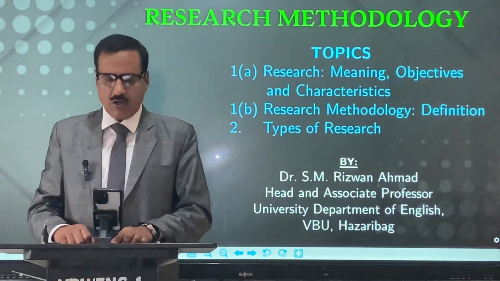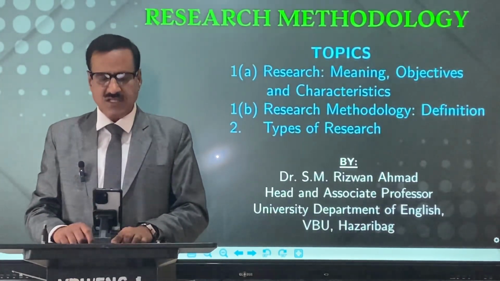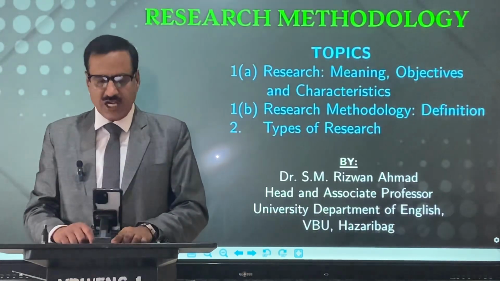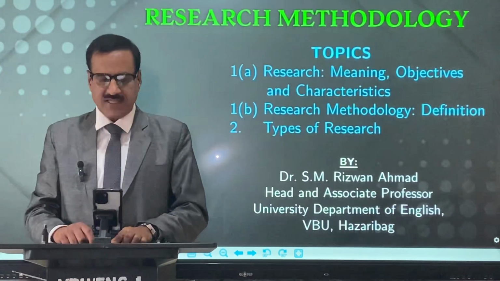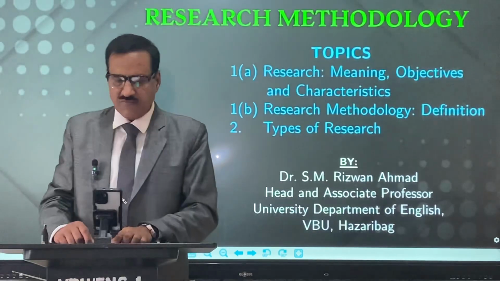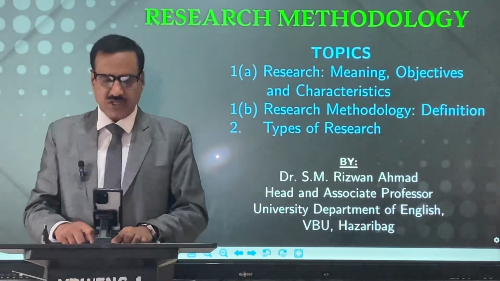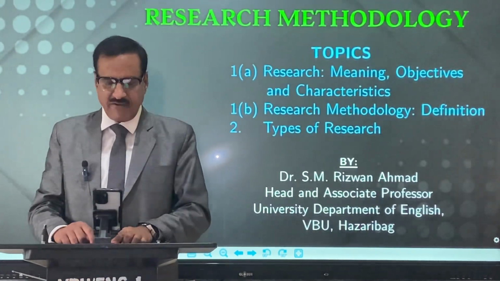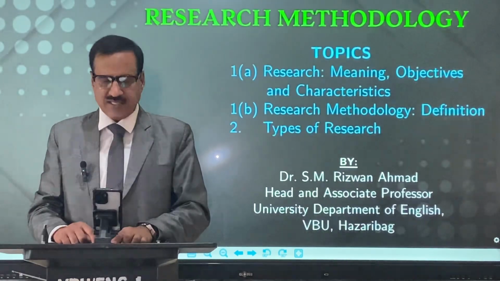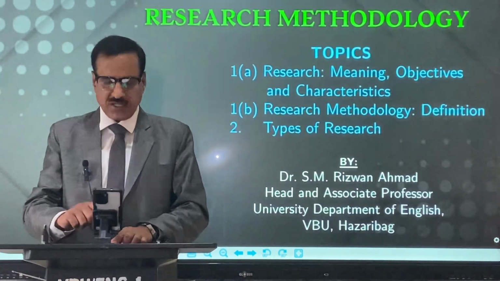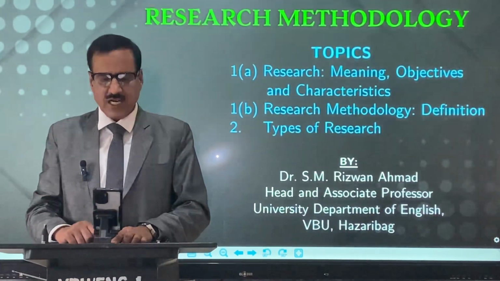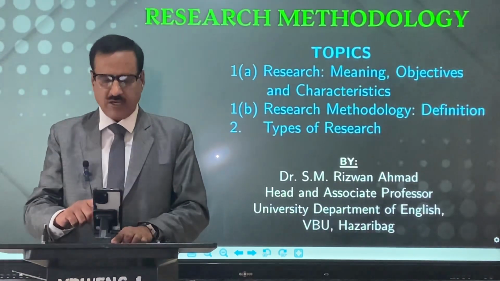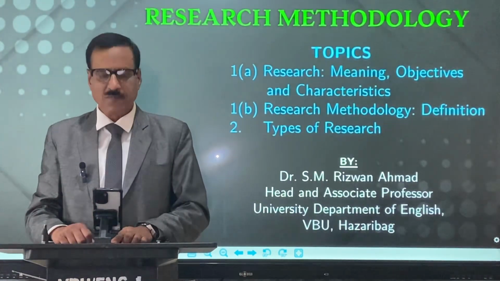The Merriam-Webster Online Dictionary defines research in more detail as a studious inquiry or examination, especially investigation or experimentation, aimed at the discovery and interpretation of facts, revision of accepted theories or laws in the light of new facts, or practical application of such new or revised theories or laws.